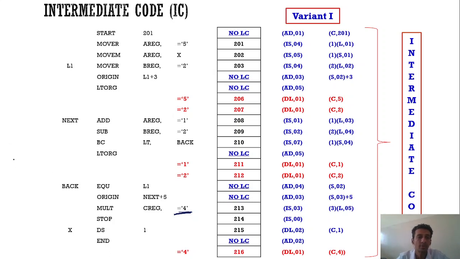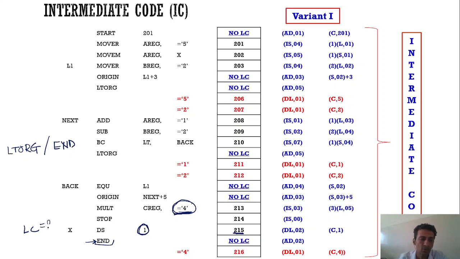So literals are allocated memory either after an LTORG statement or after the END statement. This literal 4 will be allocated memory after the END statement. By the time of this END statement, our LC was 215 plus length 1, that is the operand of the DS, which is 1.